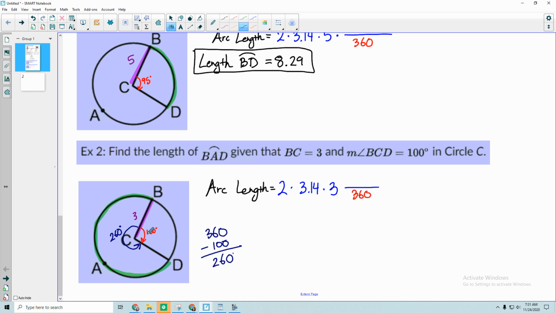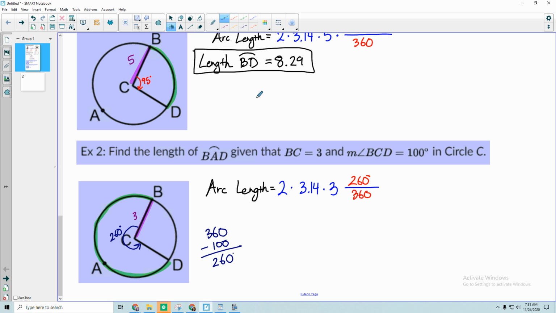This one didn't. It would correspond to BD instead. So that's why I found this central angle. So now I'll take 260 degrees. I'm not using this one. I don't care about this one. I only care about this angle because it goes along with the arc that I'm using.